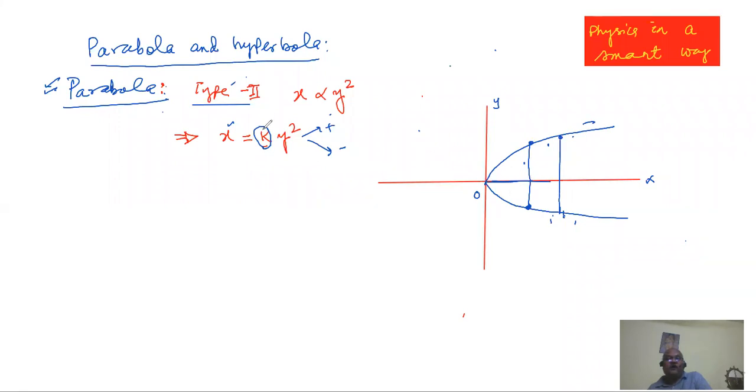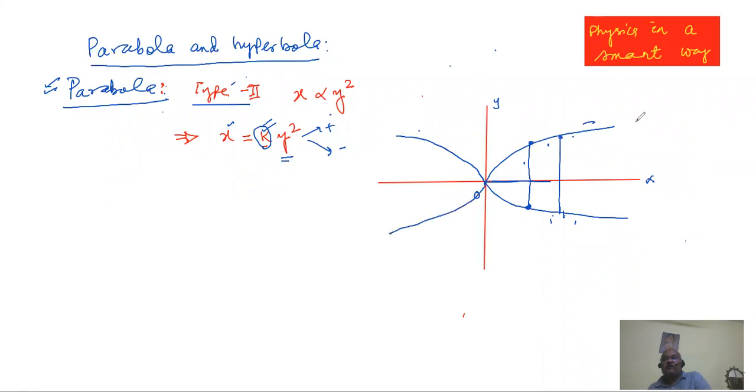If you consider k as negative, y becoming plus, y becoming minus doesn't matter, we got y square. Y square is to come out as positive, but we got k as negative, or we may have a minus sign, x equals minus ky square. So thereby, we'll be having the opposite curve to this curve that we have drawn, that is like this.